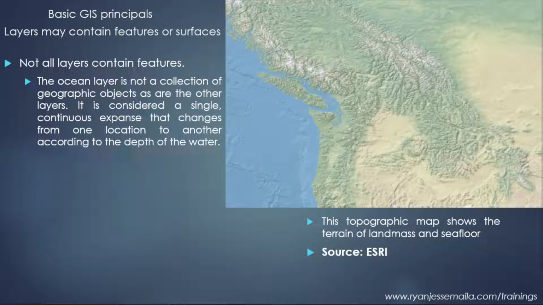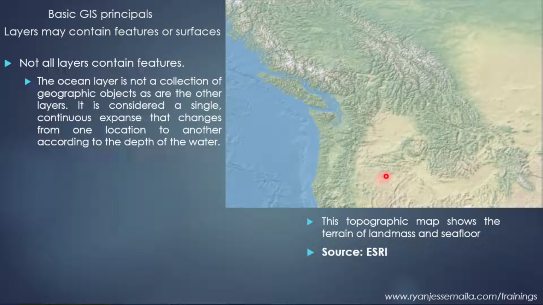This one is a single continuous expanse that will change from one location, as I move the cursor, to another according to the depth of the water here. For here, it will be according to the height, because this is the water and this is land mass, which you can see.